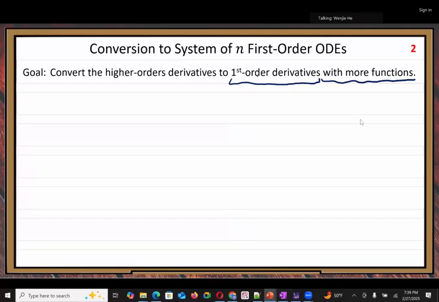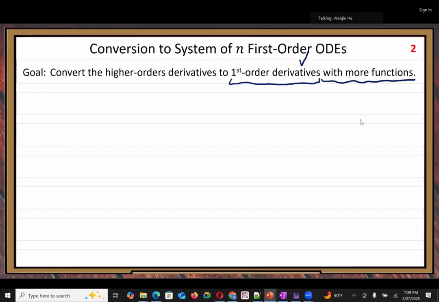You cannot get this nice property, first order derivatives, for free. You have to pay in some other form. This is the form you pay.